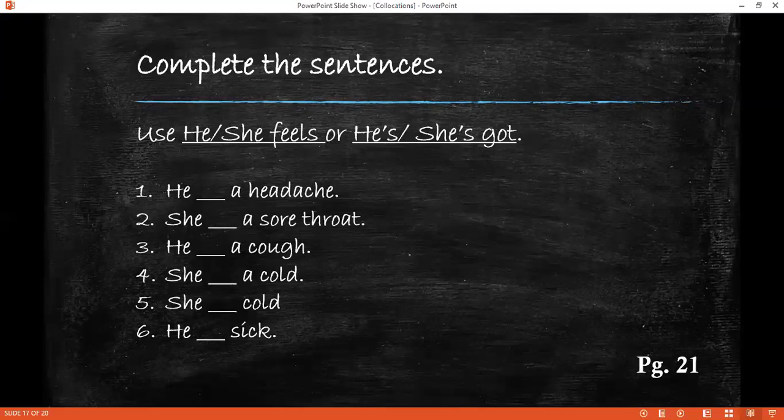Number 2, she dash a sore throat. Not feels a sore throat. No, it is not correct.